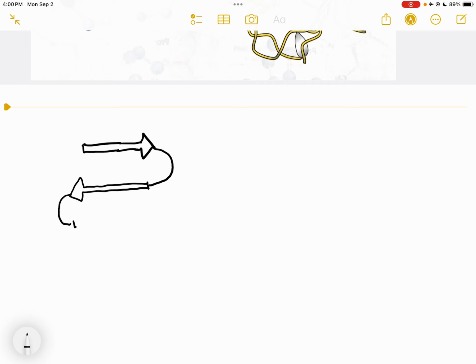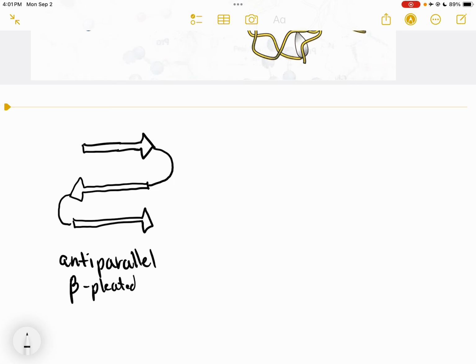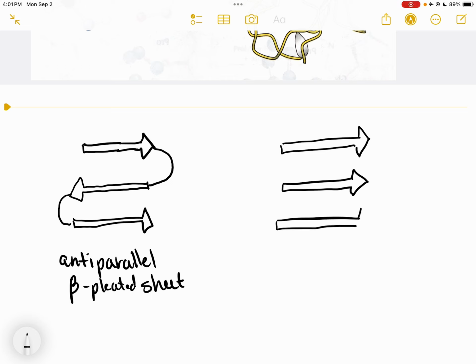And I'm drawing these so that they are what we call anti-parallel. Anti-parallel beta pleated sheet. We can also have parallel, and that would be when the strands are all oriented in the same direction. So anti-parallel, they're opposite.